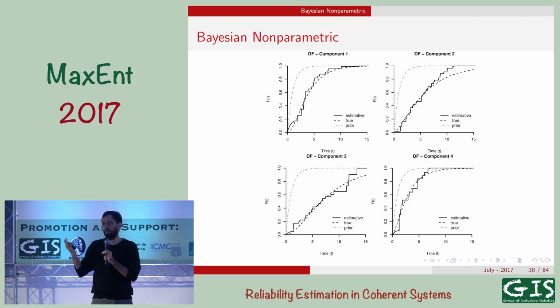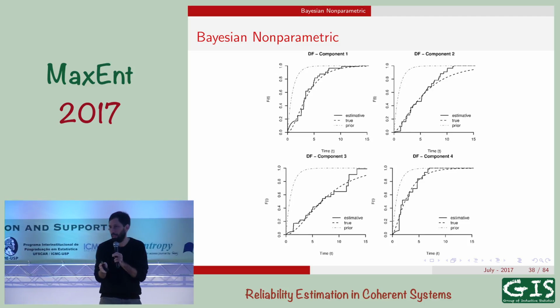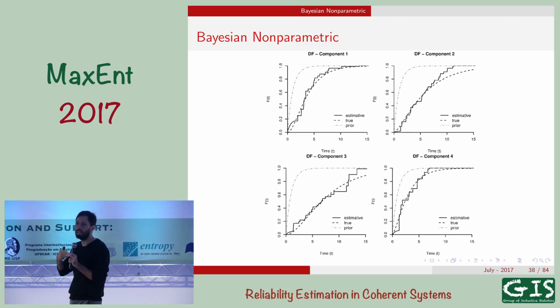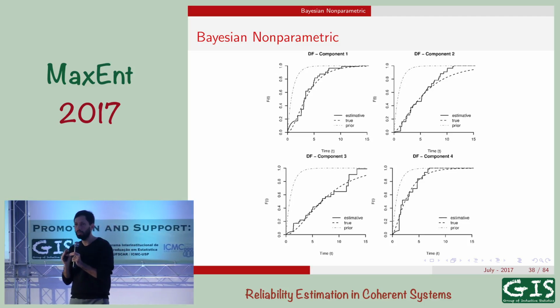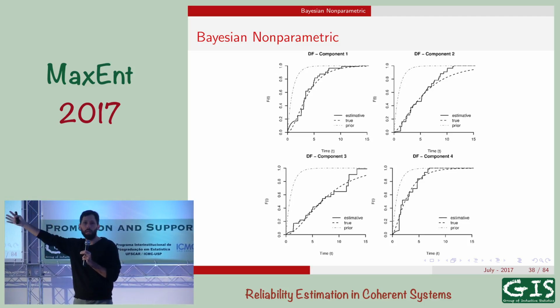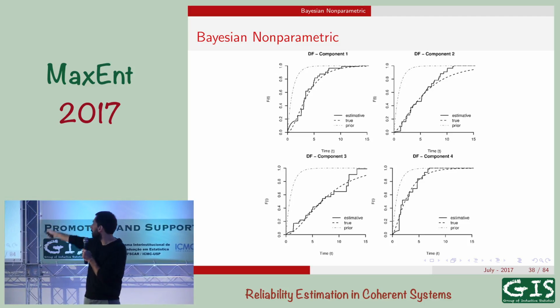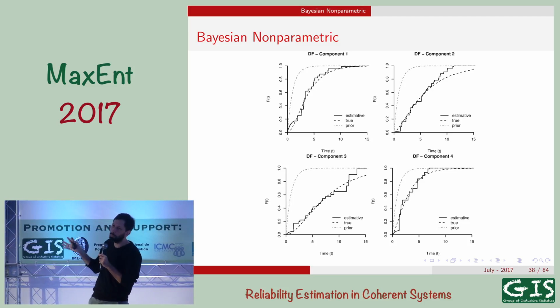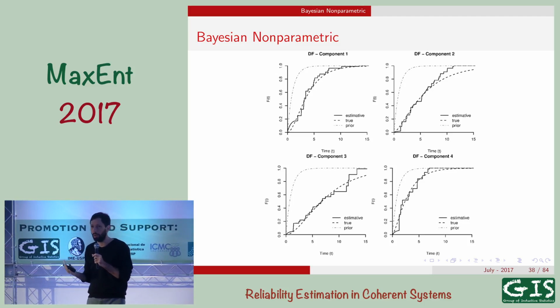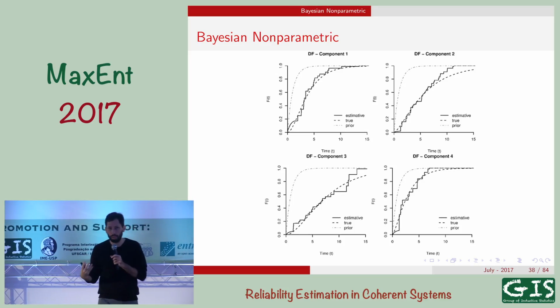Probably this component will fail at 6, but I am giving the chance in the model to this component to fail at 20, 23, so we have this kind of problem. It's not exactly a problem, it's the nature of the estimator.